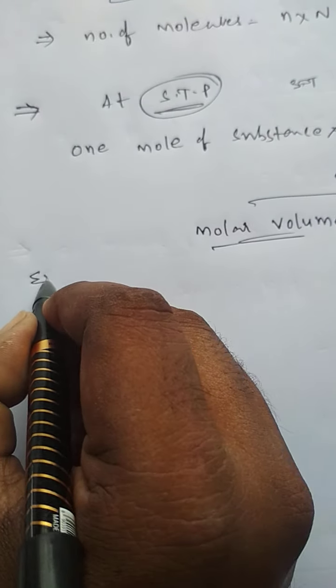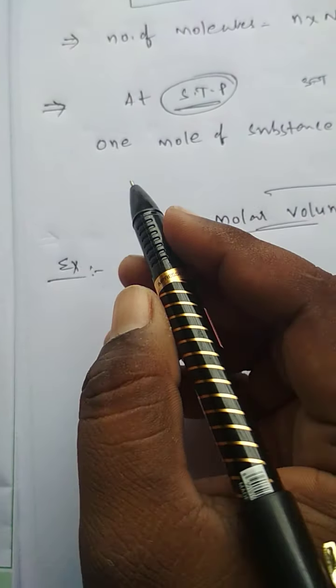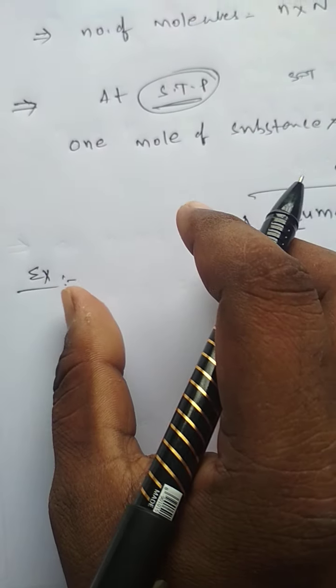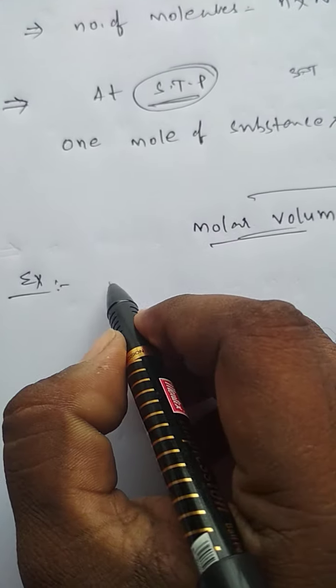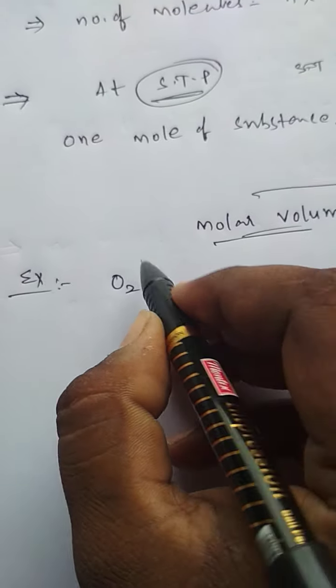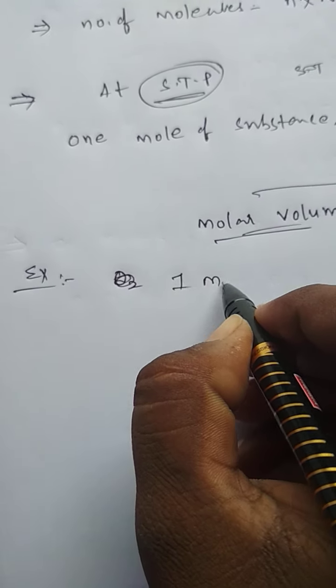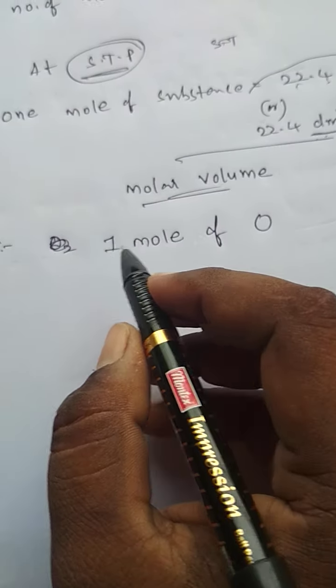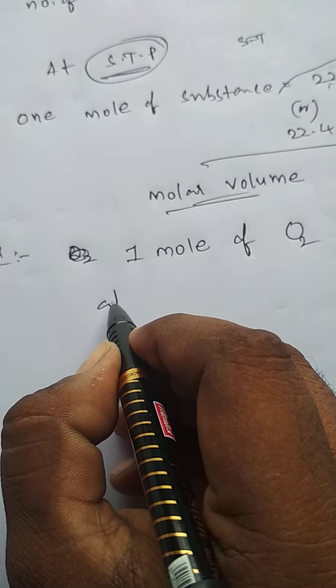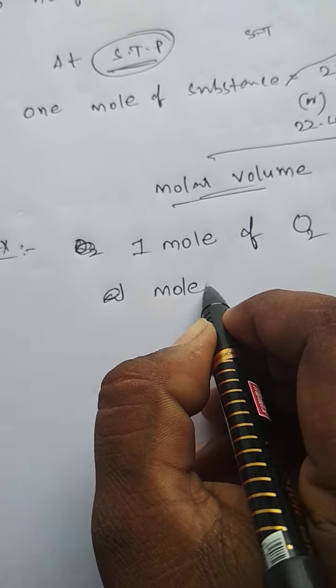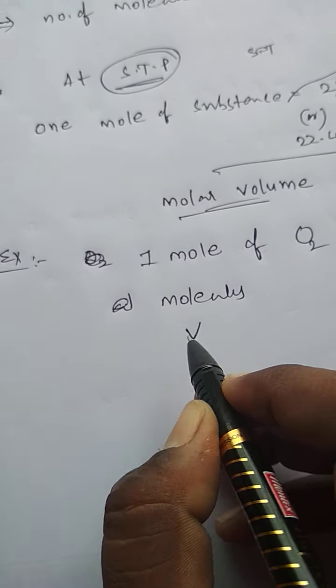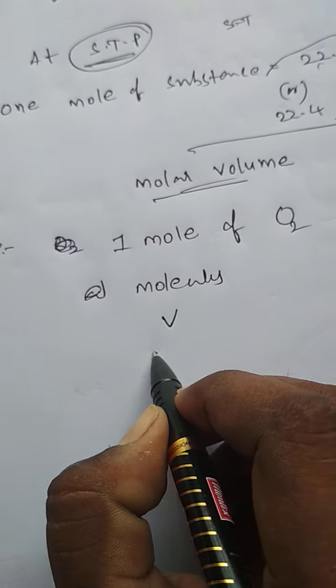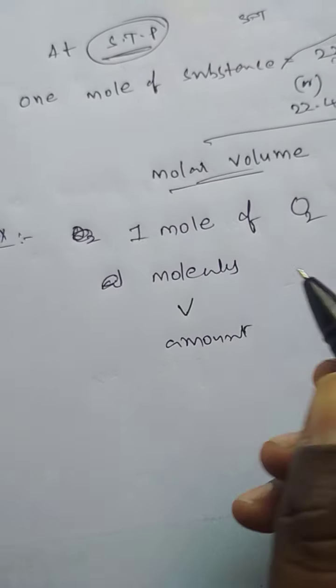Okay, for example, how many atoms, how much volume and how many grams are there in 1 mole of oxygen? For 1 mole of oxygen, we have to calculate the number of atoms, number of molecules, volume and the amount at STP conditions.